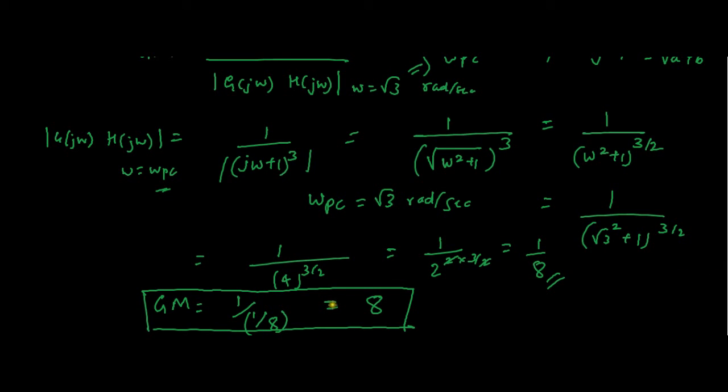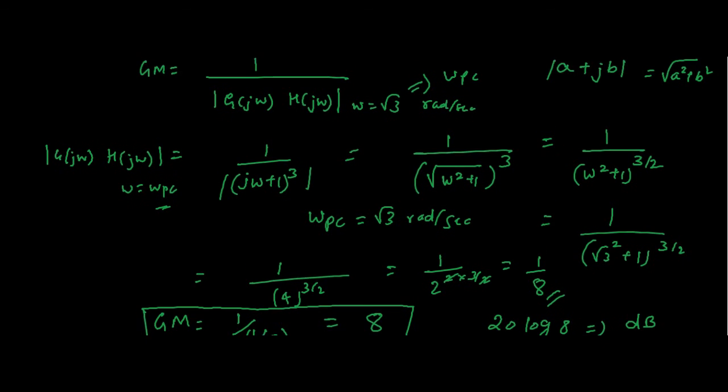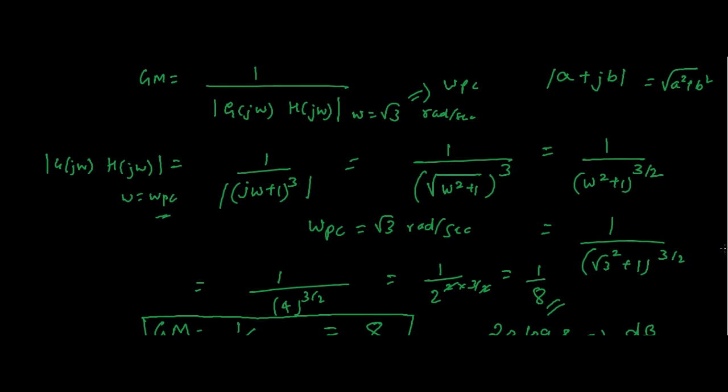If you want to express it in decibels, you can go ahead and take 20 log of 8. This will be in decibels. So that's it. This is how we need to calculate the value of gain margin.